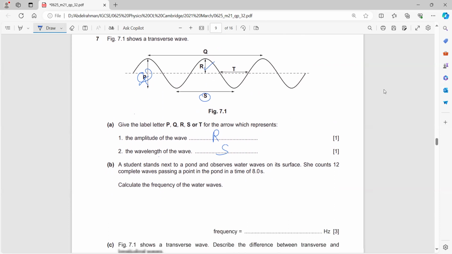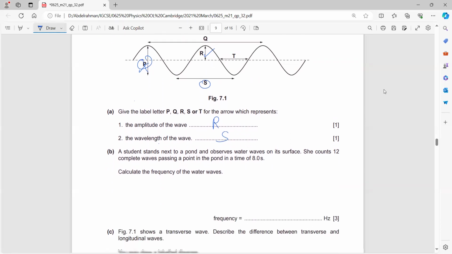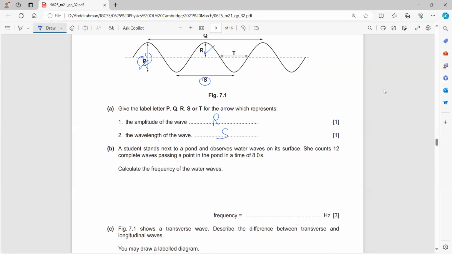Frequency. We have an equation for the frequency. What is the equation? Number of cycles over time. Frequency equals number of waves over time taken.